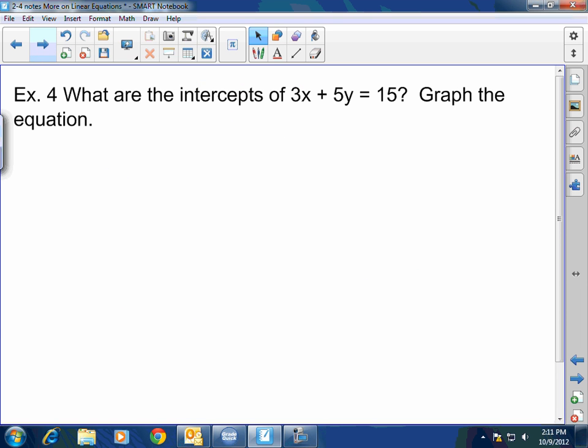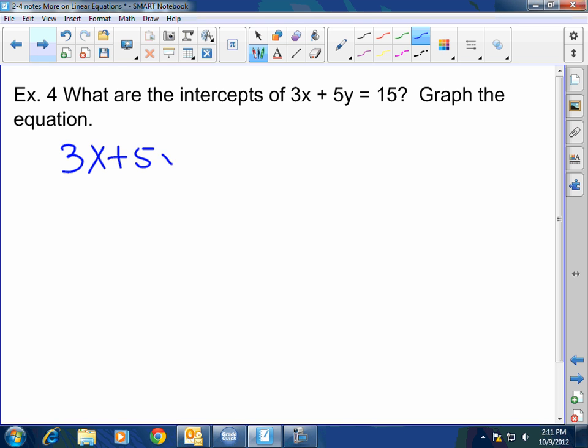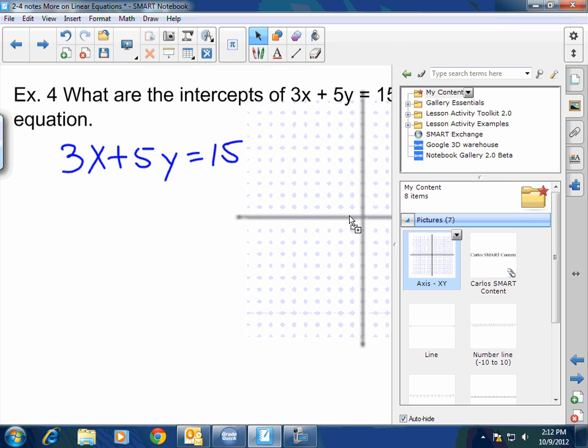Now, what are the intercepts of 3x plus 5y equals 15? Then graph the equation. Could you go ahead and solve for y here, put it in slope-intercept form, and graph? Yes, you can. But I would do that unless the following happens.